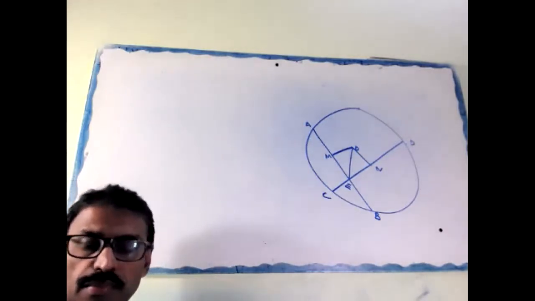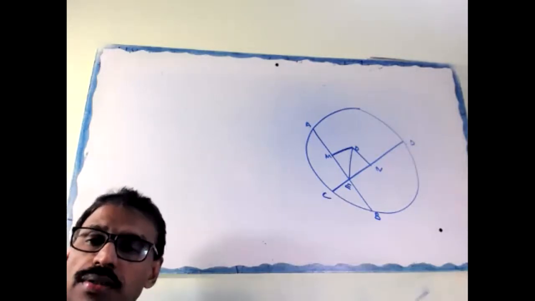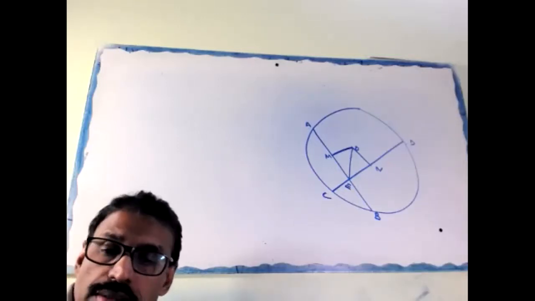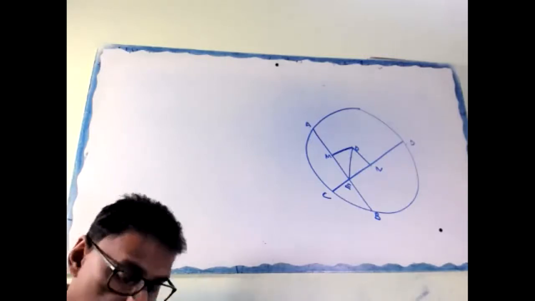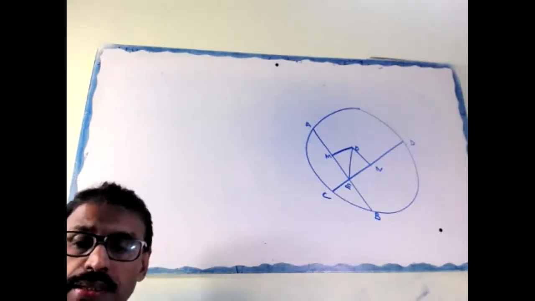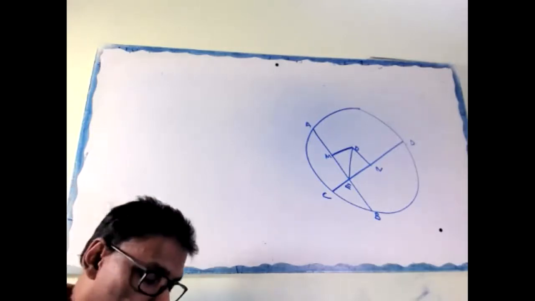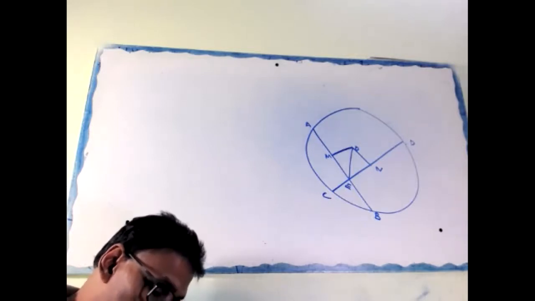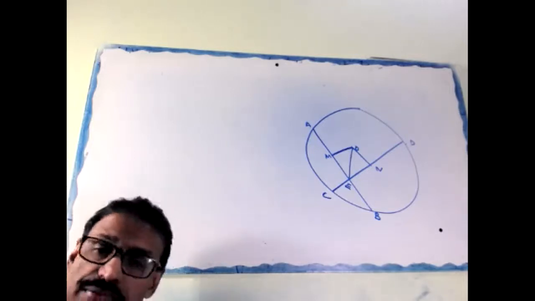In triangle OME and ONE, everyone is getting it or not? I want to do this chapter again now. OM equal to ON, because equal chords are equidistant from the center.